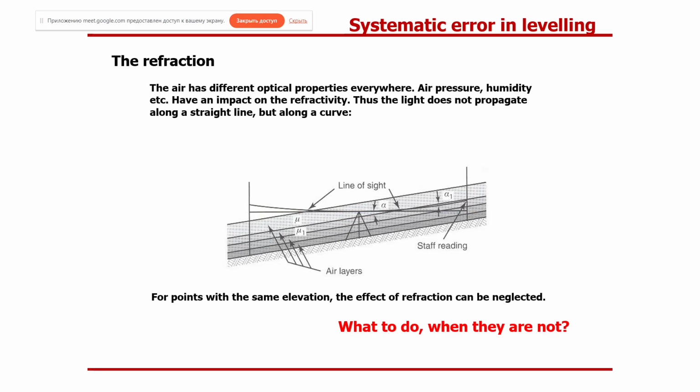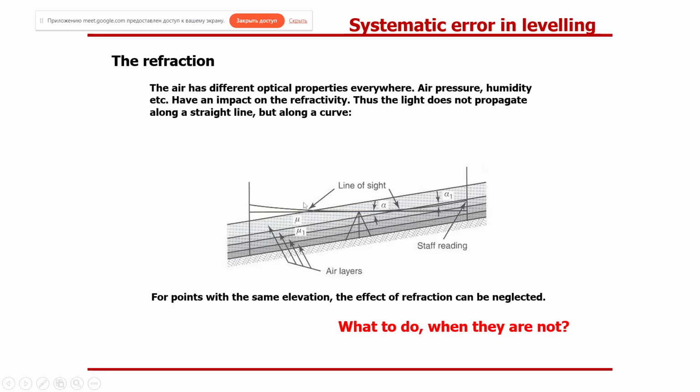So we should not use very big shoulders, and the numbers that we read on a rod must not be very small. The line of sight should not go through the hot air near the Earth's surface.